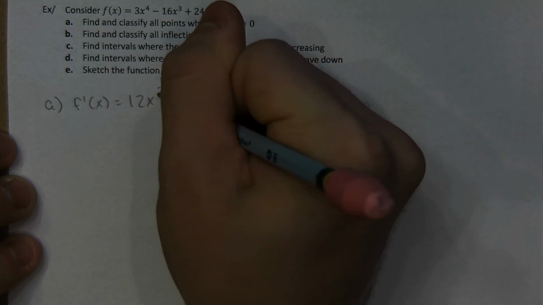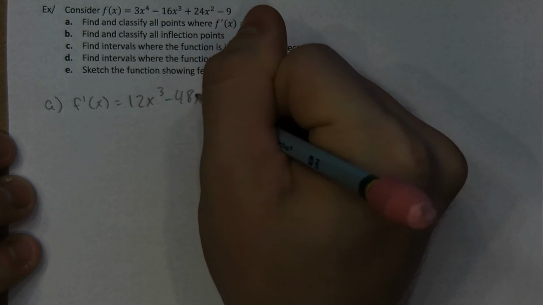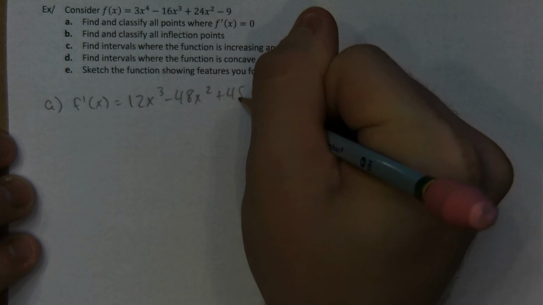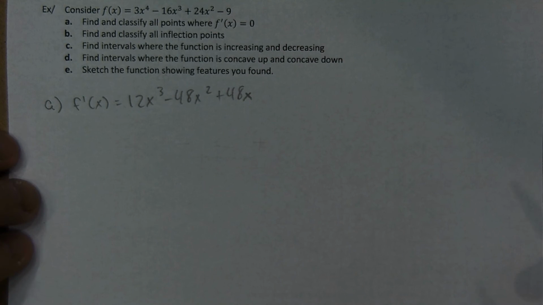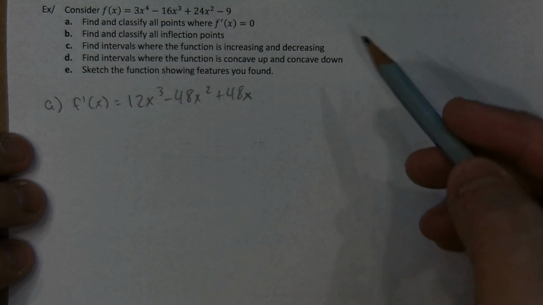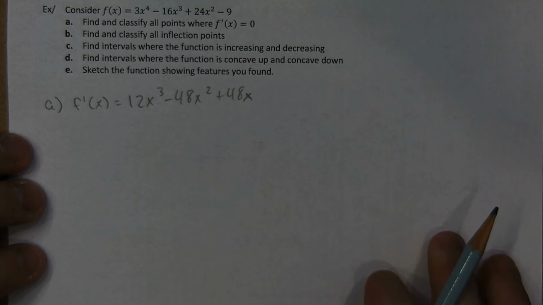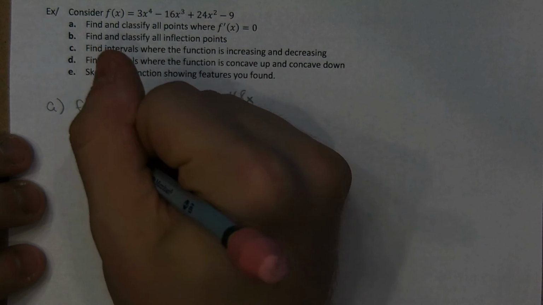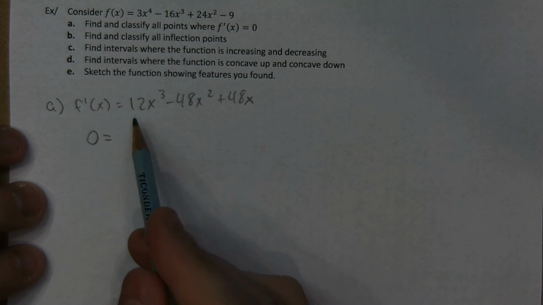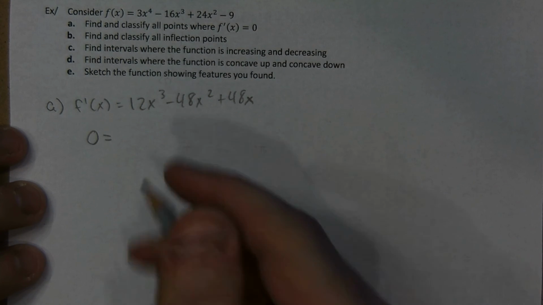f prime of x is 12x to the third minus 48x squared plus 48x. Before I move any further, we'll just keep going with it. We know we're going to have to set it equal to 0, and we're going to have to factor. Seeing a GCF of 12x.